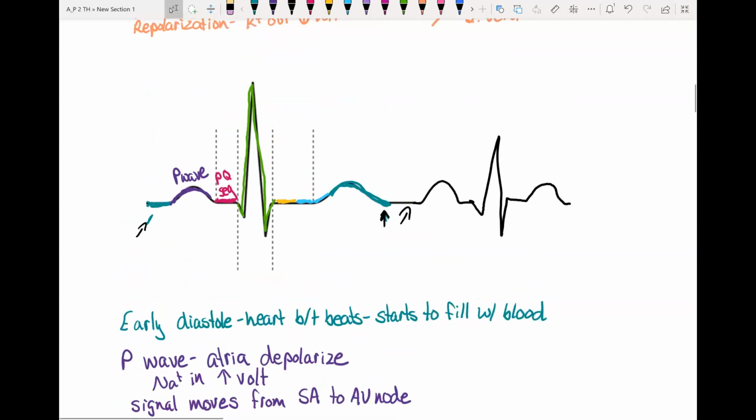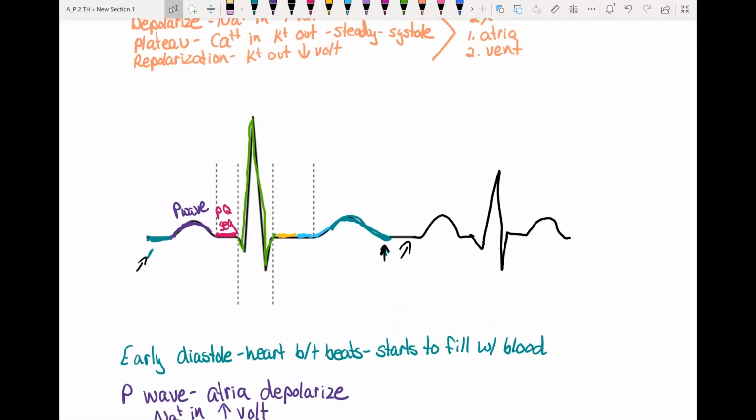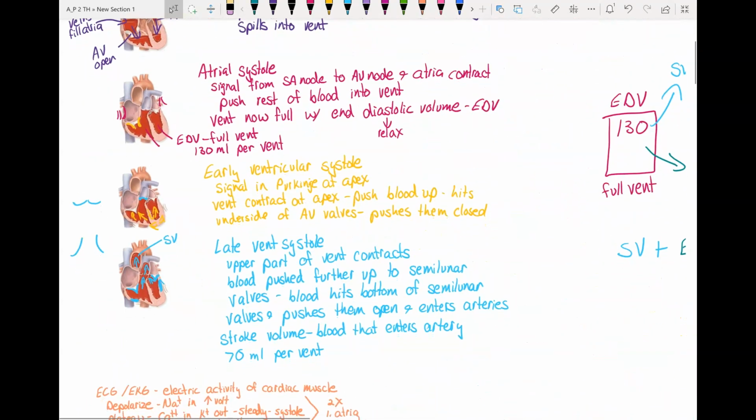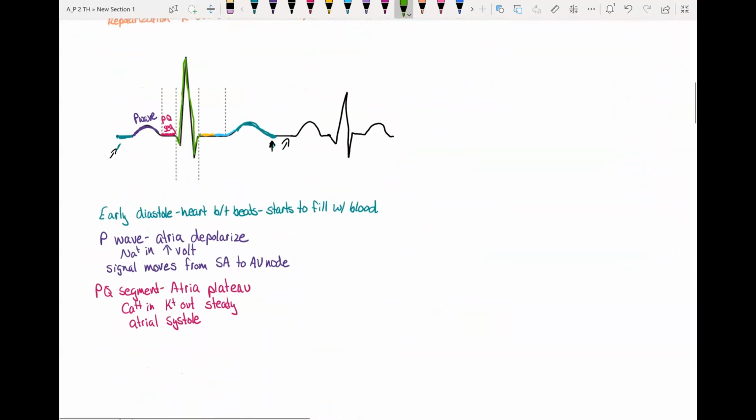Then next, the ventricles have to contract. So I used green here, and we don't have green up here, because there's not really a picture here that kind of corresponds with it. So it would just go like right here in between these steps. So this is QRS.